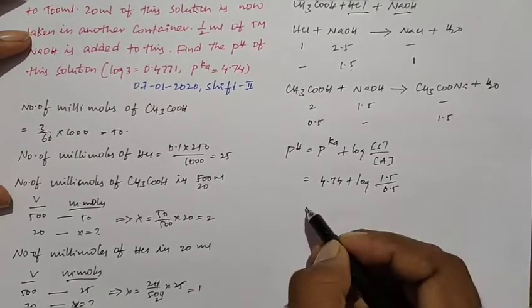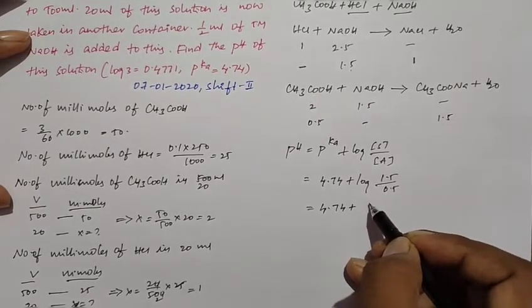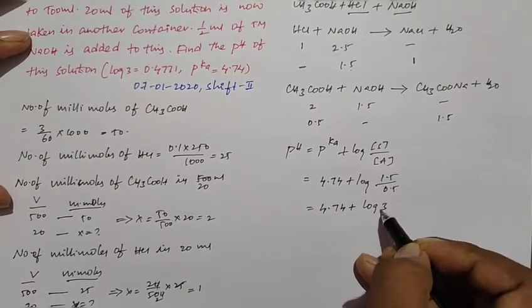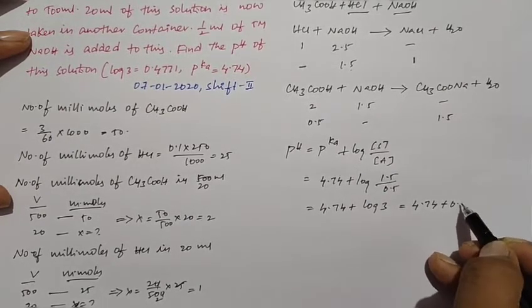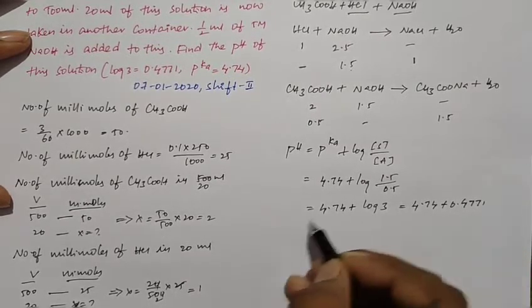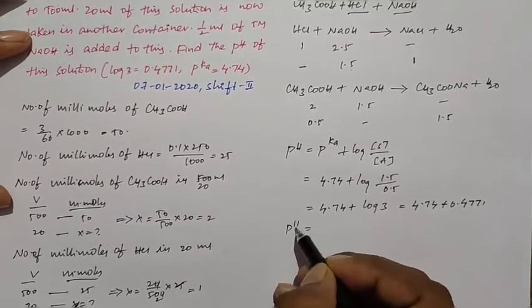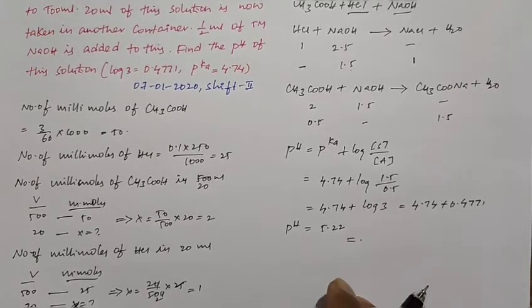Then we get 4.74 plus log 3. Log 3 value is 0.4771. After adding both, we get pH 5.22. So this is the pH of the given solution.